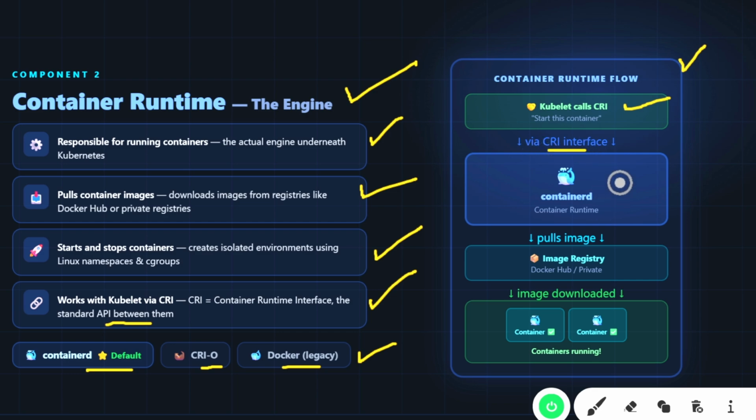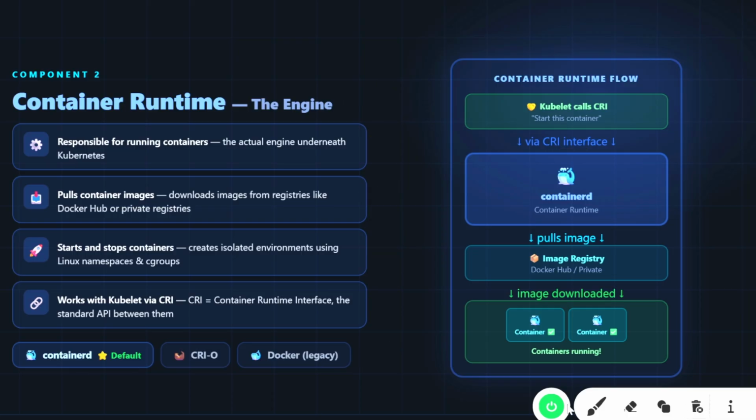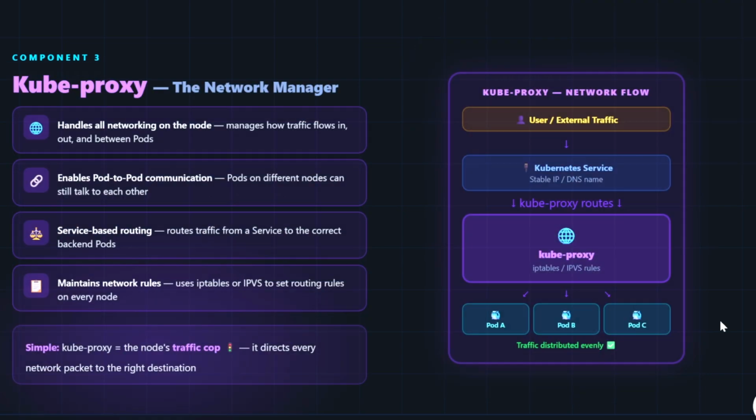Then containerd, the container runtime, fulfills the specified instructions. It pulls the image, and if it needs to be downloaded, it downloads the image and finally starts the container. So this is exactly how the container runtime component works.